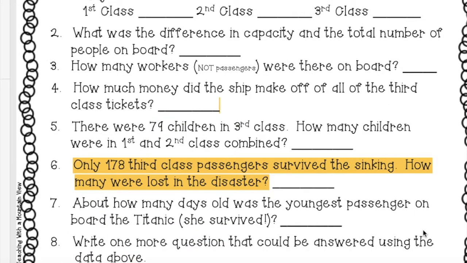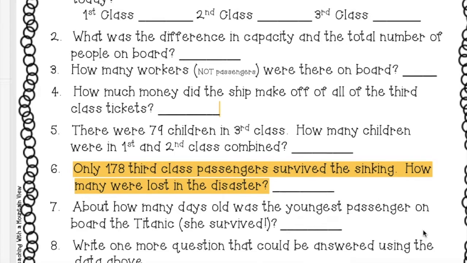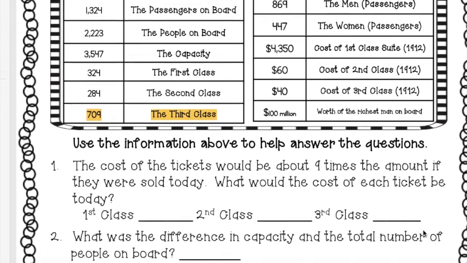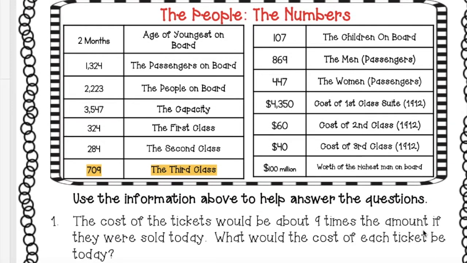Number 6. Only 178 third class passengers survived the sinking. How many were lost in the disaster? So for us to figure out this problem, we need to know how many third class passengers there were on the Titanic. So let's go take a look. And I have my information highlighted already. So it shows that there were 709 third class passengers on the Titanic.